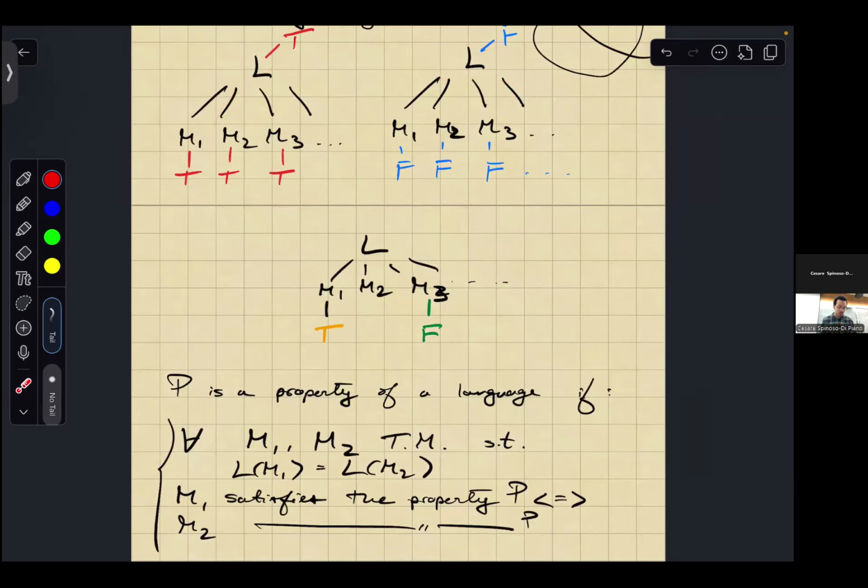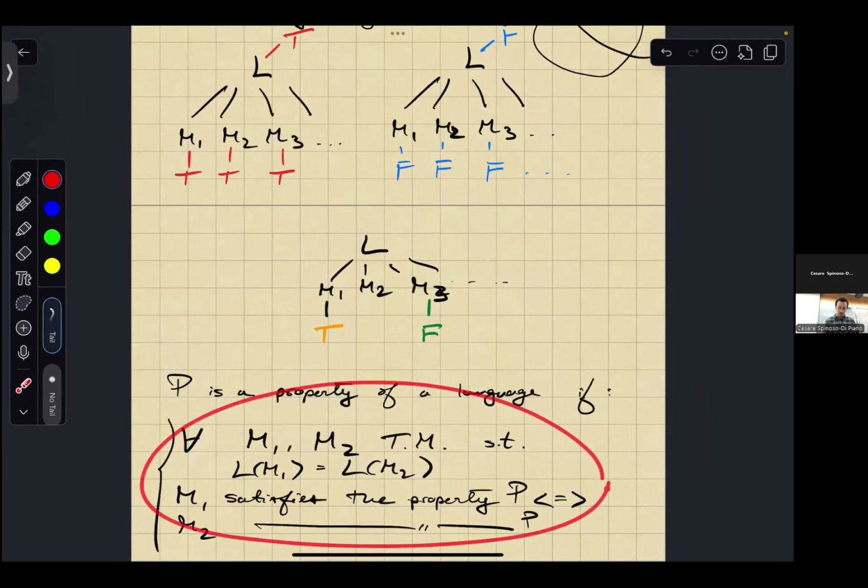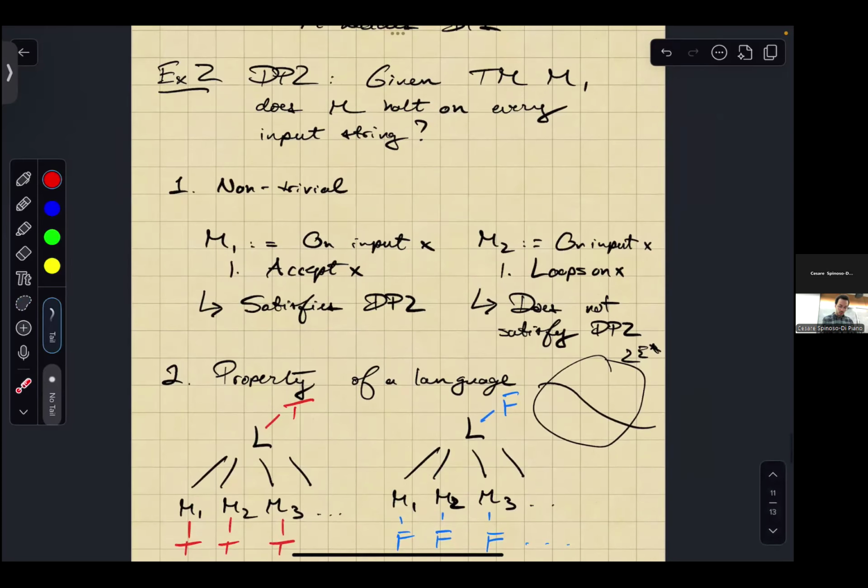Okay, so that was an important aside because it tells me now what I'm supposed to do. I'm supposed to check whether this statement is true, in this case for this decision problem 2. So this decision problem 2 is, given a Turing machine M, does M halt on every input string?